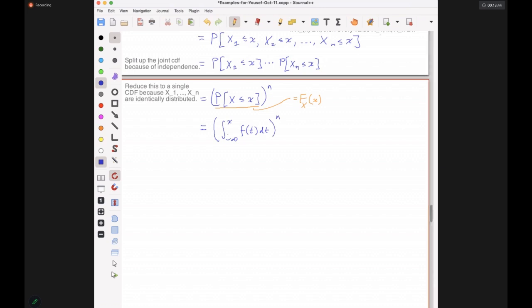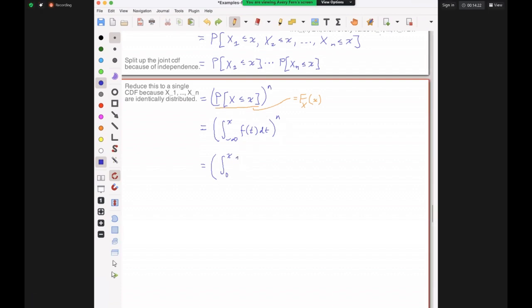But this here, the negative infinity, we can just replace with 0 because in our distribution, our smallest possible value for x is 0. So we'll just start integrating at 0 because the density is 0 anywhere x is smaller than 0.